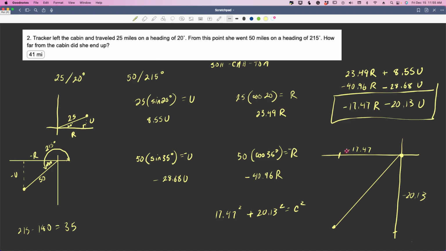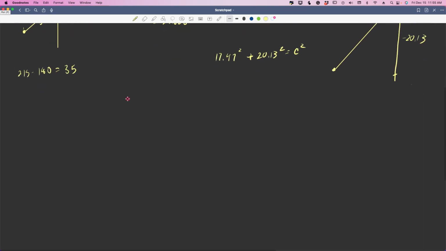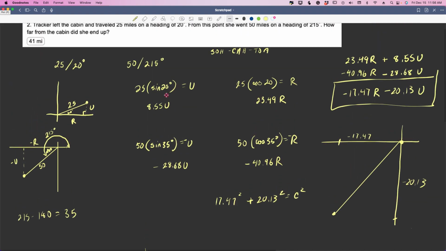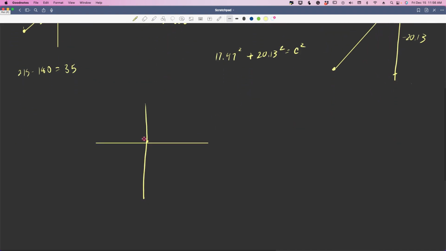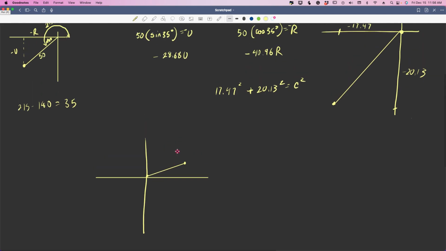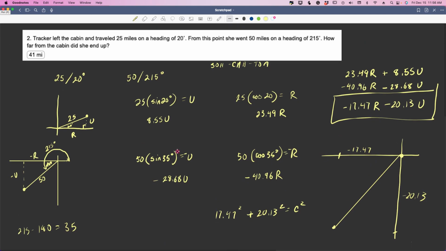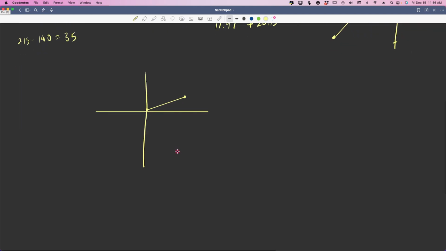Okie dokie. All right, because what actually happens in this scenario is she started here at this point, right? Wherever this is, and she went 25 miles, 20 degrees this way, here, and then from this point, she went 50 miles at 215 degrees.